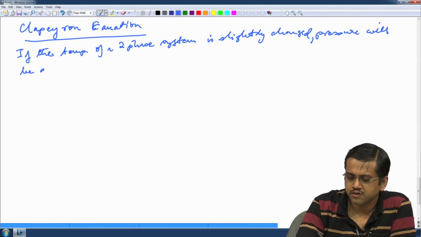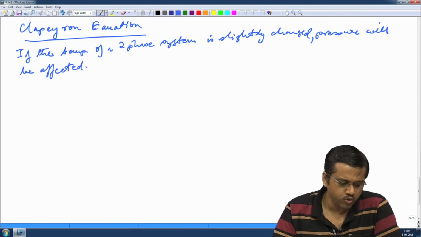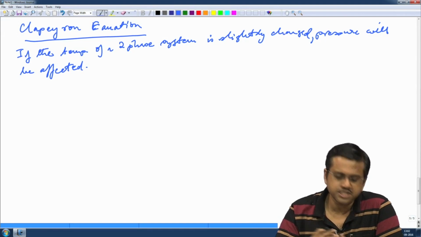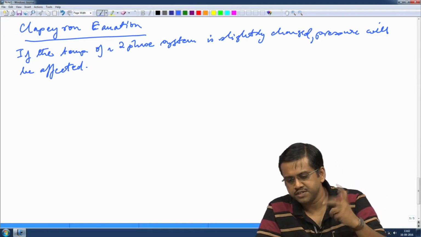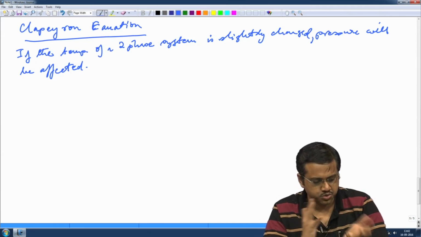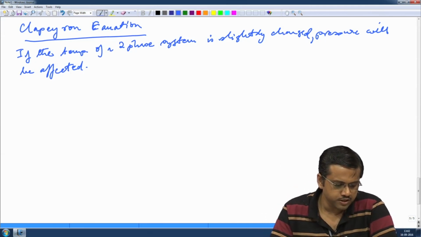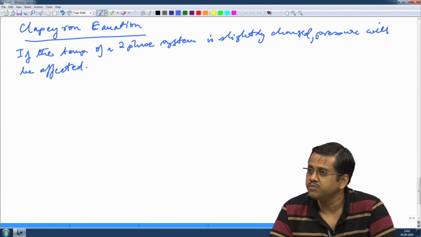So, if the pressure is affected, then what is the simple relationship between the temperature and pressure? If I have a change of temperature and a change of pressure, how are these two things related when the two phases are in equilibrium with each other?